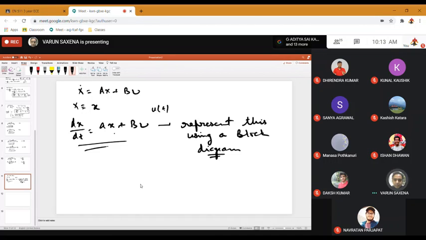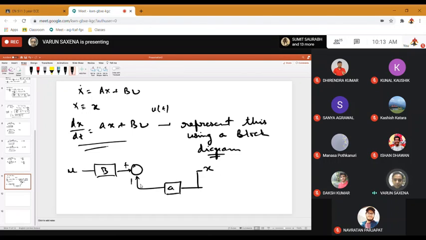It's a simple thing. I don't know why it's taking you so much time. The input is u, right? Then the net result is bu. So you get something which is b here. It is adding something, so you get an adder. The output is x, right? So x gets added to bu, so multiply it with a.